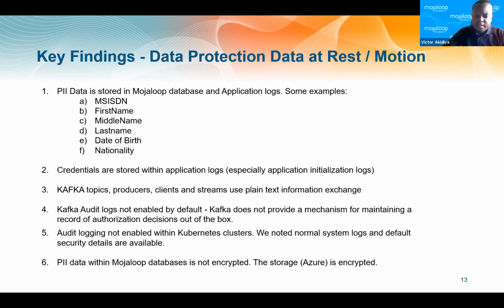Finally, one of our last key findings was that our Mojaloop databases store the data in an unencrypted format. However, because we are using Azure, storage is encrypted, so the DB itself is encrypted. This leaves a lot of room in terms of data protection initiatives based on this, and we can look at that in the subsequent slides.